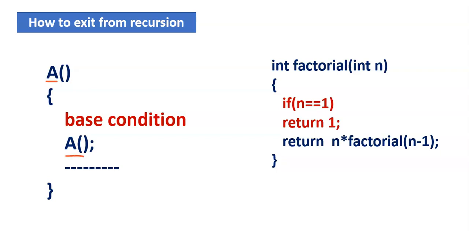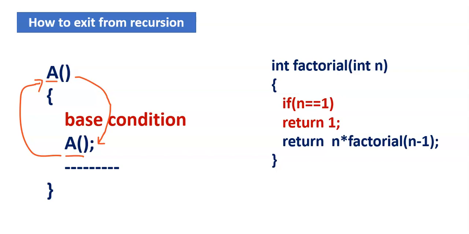Now what happens here? Program control comes to execute the statements in this order, and whenever program control gets the A function call, it again calls A function, and again the code continues to execute A function, and again it calls A function. That means this process is repeated.